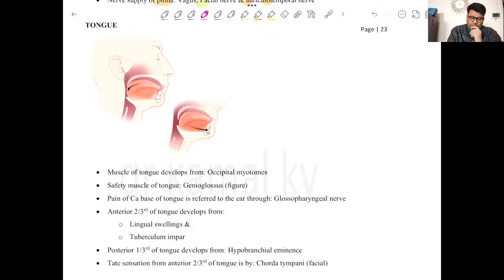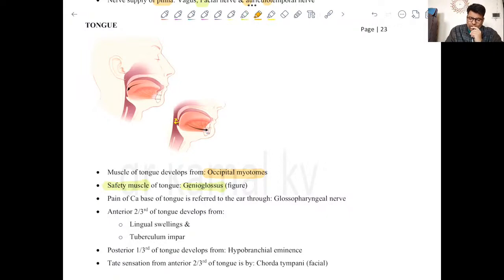Tongue. The muscles of the tongue develop from occipital myotomes, and the safety muscle of tongue is genioglossus. Now genioglossus makes sure that the tongue does not go backward and block the respiratory passage. So therefore it keeps the respiratory passage open, so it is known as safety muscle of tongue.